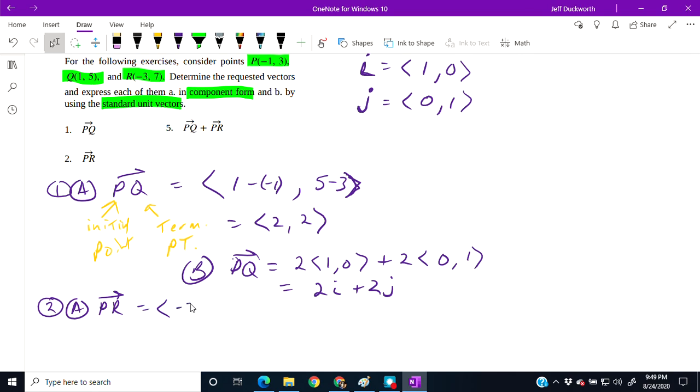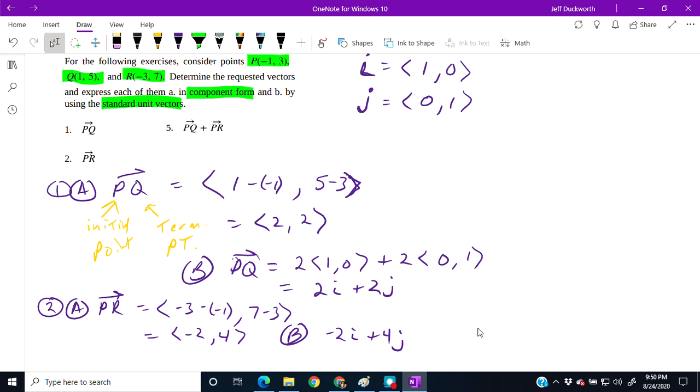So the x values are -3, and that's R, so minus a -1, and then it's 7 minus 3. And what do we have here? We have -2 and then 4. Equivalently, as in this component, we're going to have -2i plus 4j. That will be what it equals there.